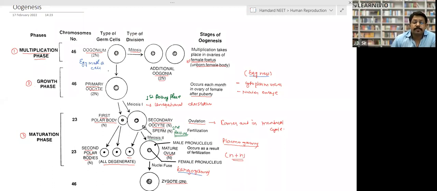The larger one is called secondary oocyte. Full stop. This small cell is known as first polar body.